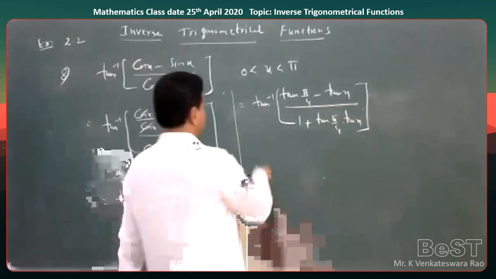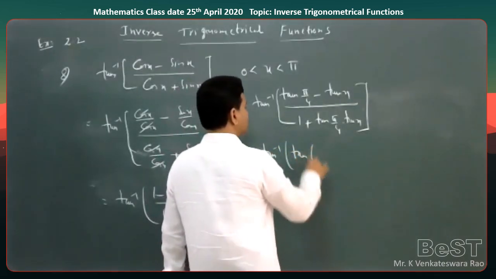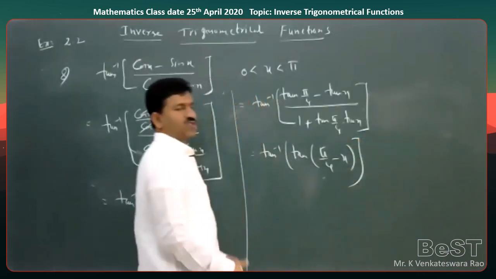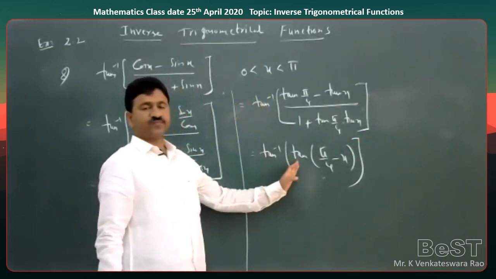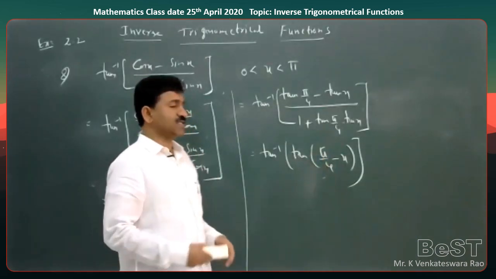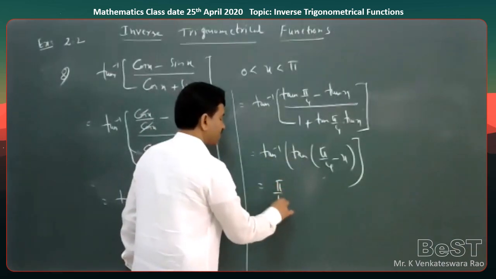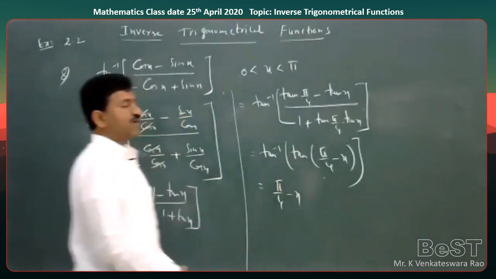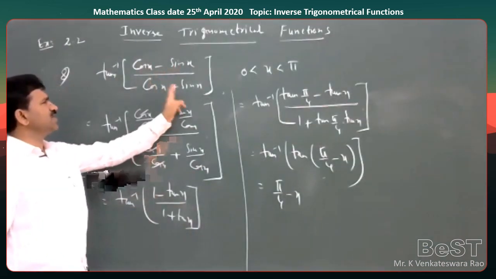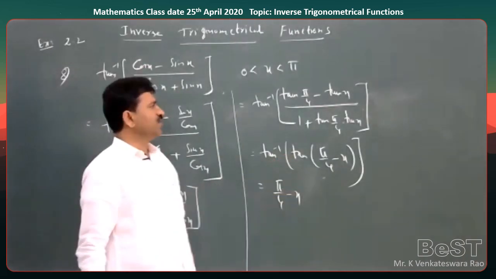So this is equal to tan inverse of tan of pi by 4 minus x. The formula: tan inverse of tan x is equal to x. So the answer is pi by 4 minus x. So tan inverse of (cos x minus sin x) by (cos x plus sin x) is pi by 4 minus x.